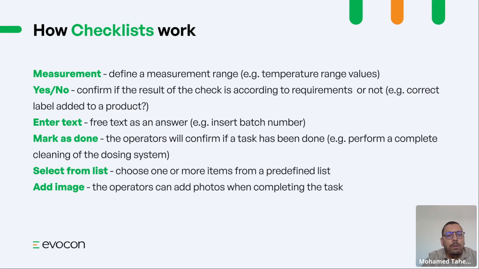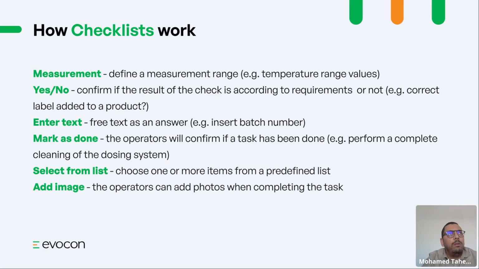You can also enter a text to answer, for example: give me the batch number of the product that you are using now. You can also mark as done, especially when performing a complete cleaning of the dosing system, for example in SMED workshops. We are using this feature with our customers. You can also select from a list. Let's say you are a maintenance technician changing a spare part.